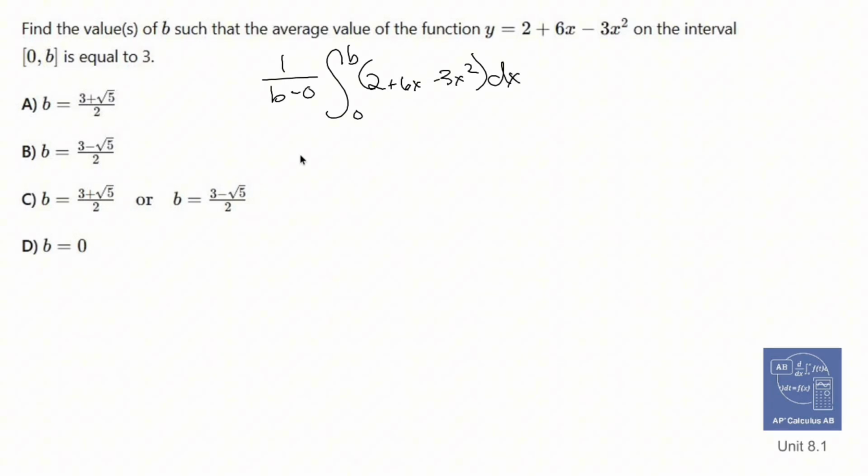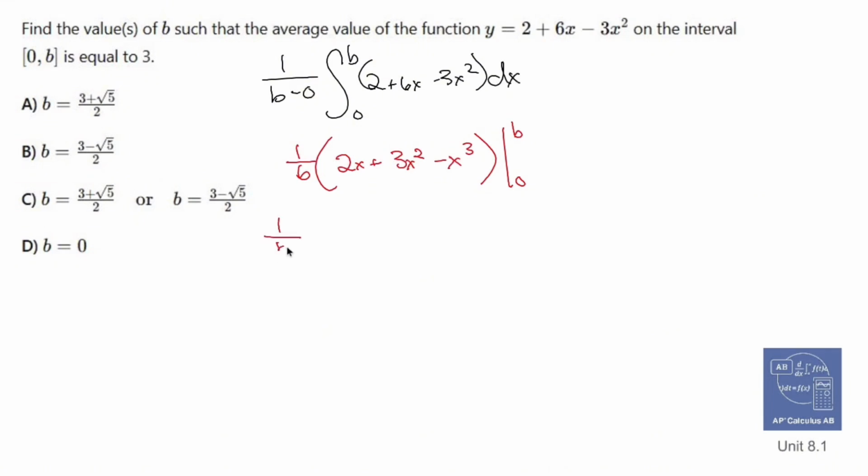So you're going to be 1 over b. I can handle that. You're going to be 2x plus 3x squared minus x cubed. My limits are going to be 0 and b. So let's set it up.